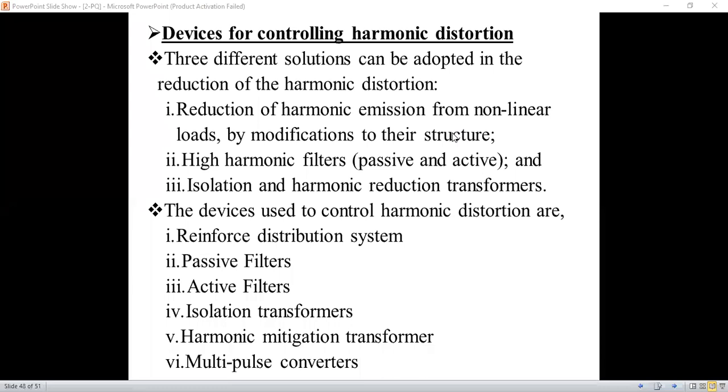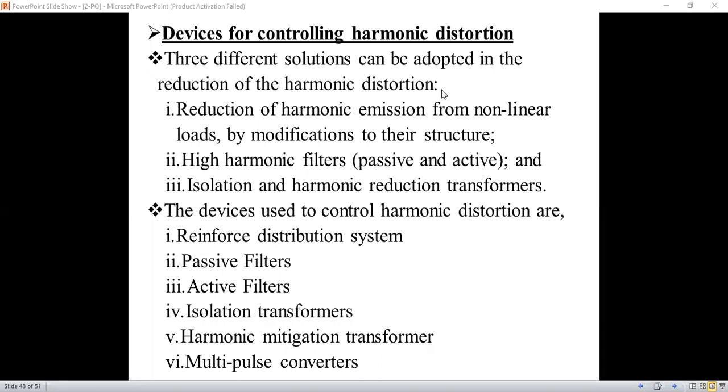Those harmonic distortions we have to control. So there are devices to control the harmonic distortions. What are those devices? Different devices are there. To control the harmonic distortions, there are three different solutions that can be adopted for the reduction of harmonic distortion.